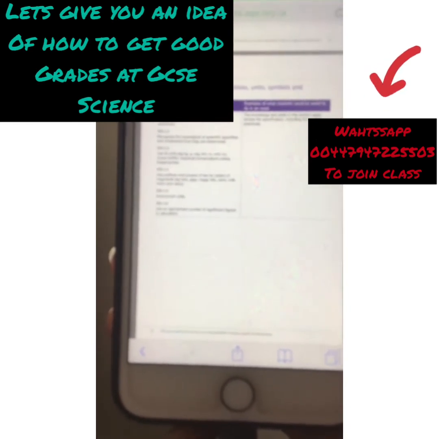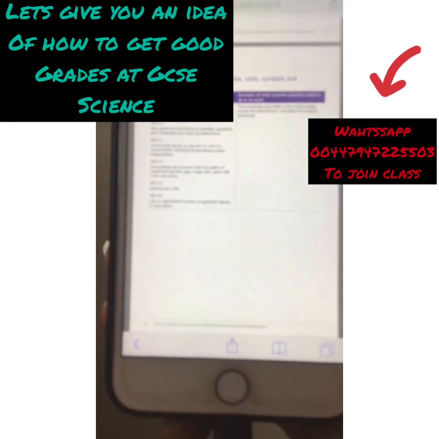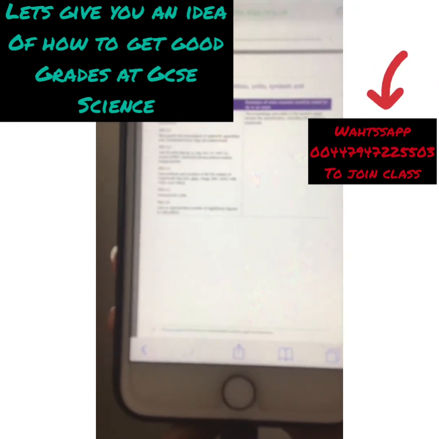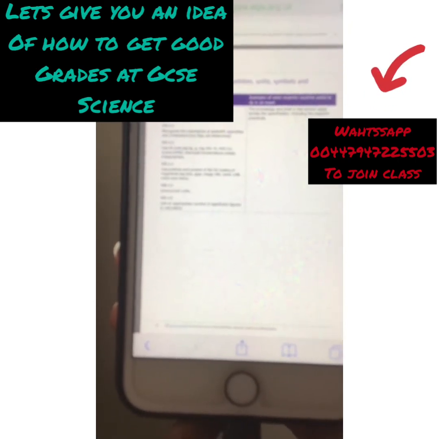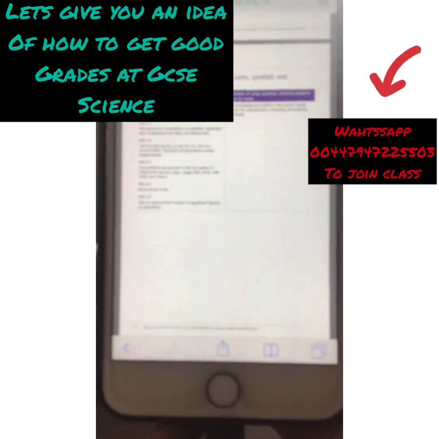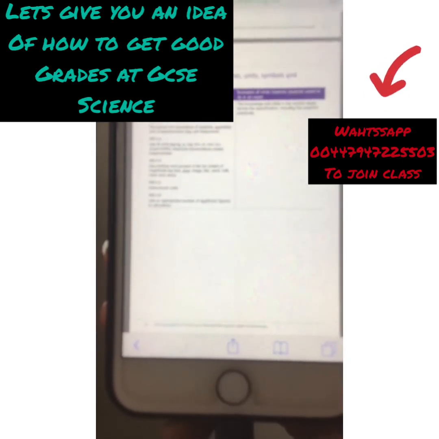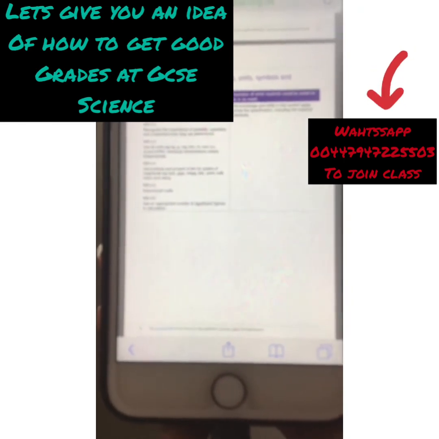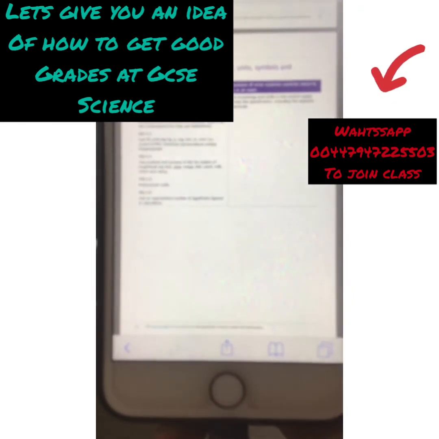You need to know V is voltage. That's obvious. I is current. Not very obvious. R is resistance. It's a bit obvious. P is power. So you need to know the symbols. And you also need to know the nomenclature. The nomenclature is things like how many decimal places you need to write your answer to.